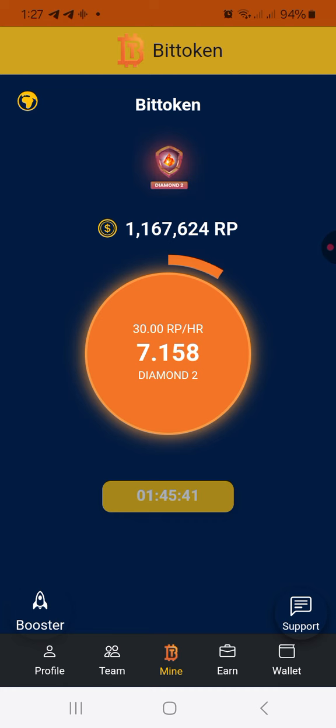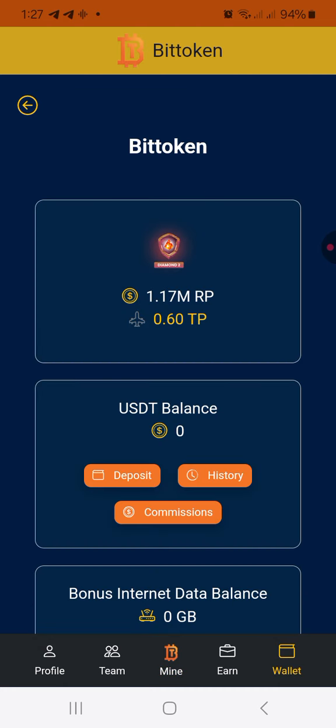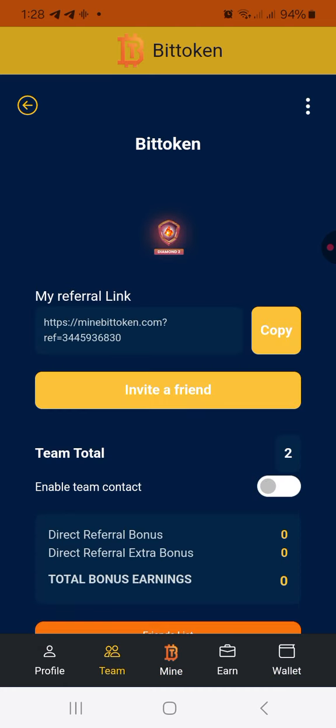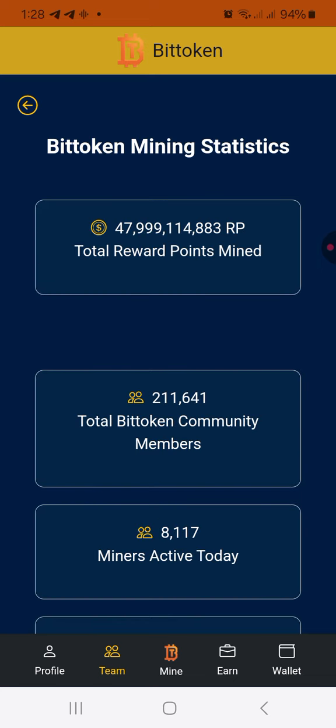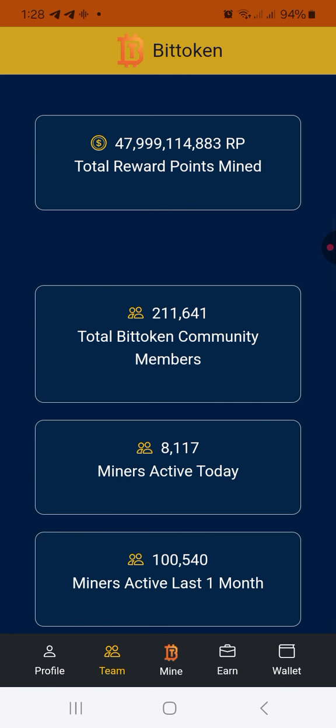So what caused it? Why is this possible? Let's go back here and look at statistics. As more and more persons are coming in, more reward points will be issued, and that will decrease the current rate. So the current rate will fall, but that doesn't mean that you are losing.